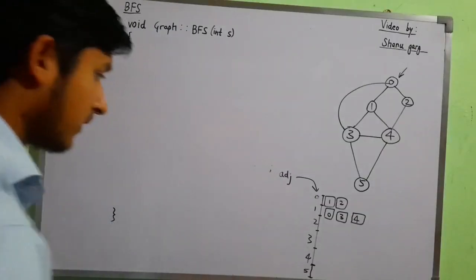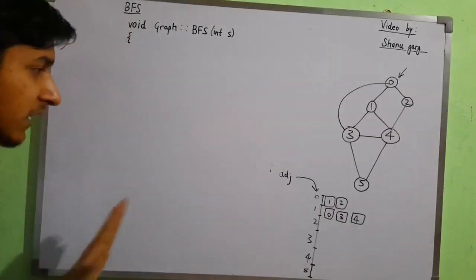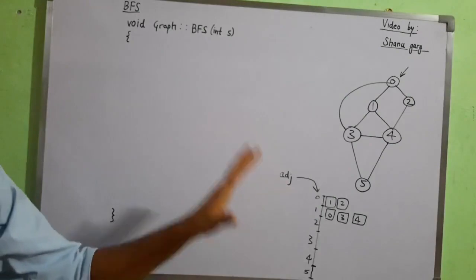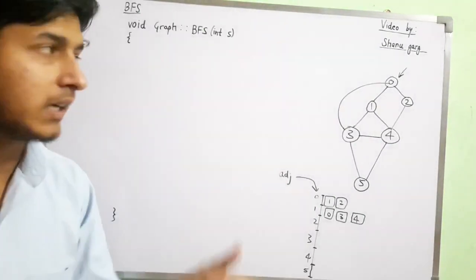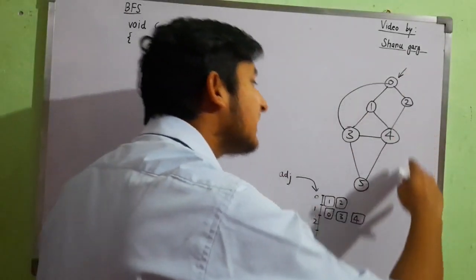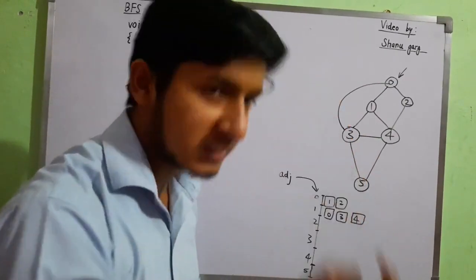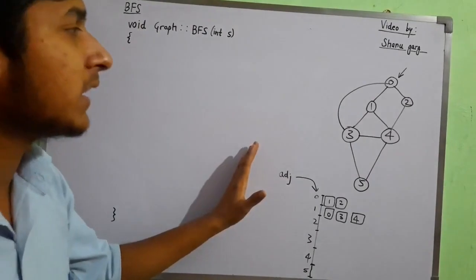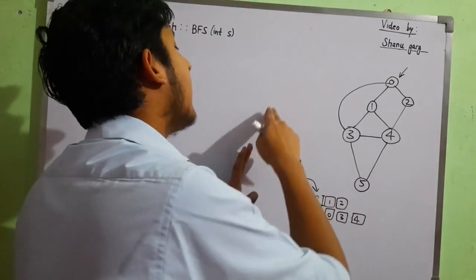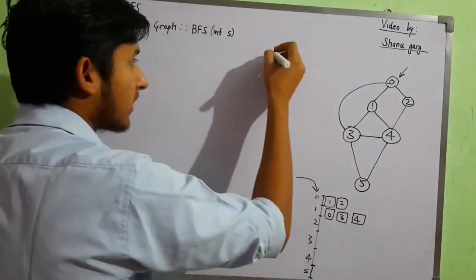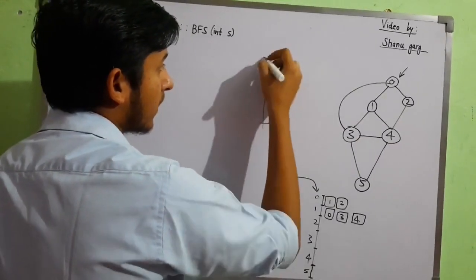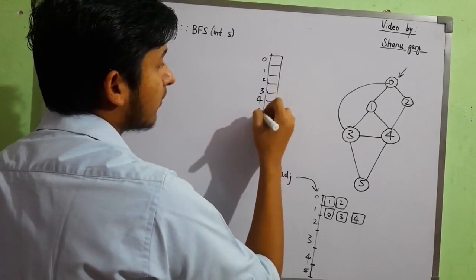So the thing is, firstly we will make a list of a Boolean data element that will store all these nodes' answers. What I mean is, there's a list that will store the address. Suppose here is a list, 0, 1, 2, 3, 4, 5.